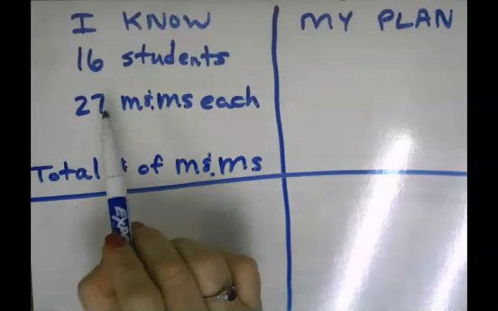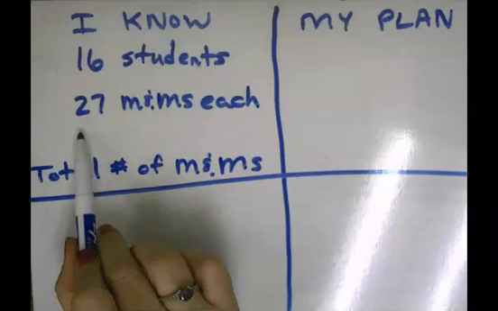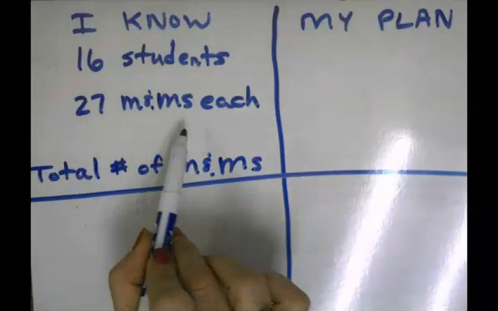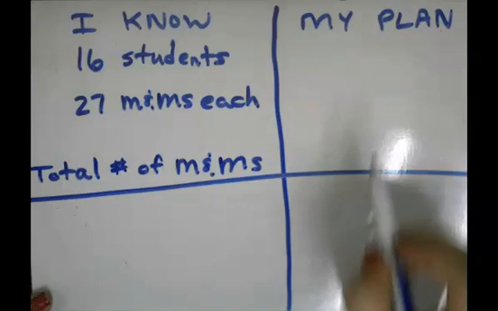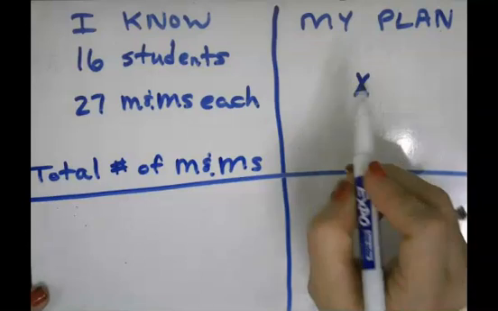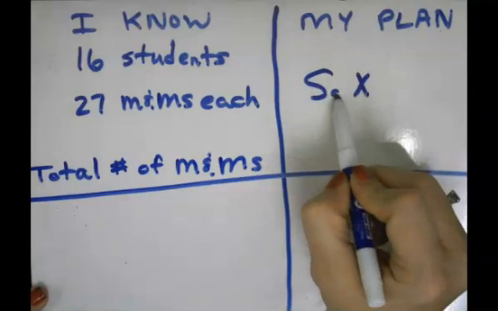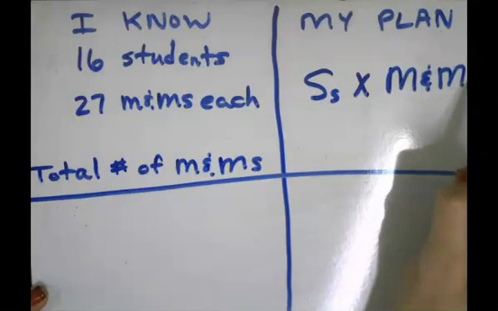Okay, so I know that I have 16 students and I give 27 M&Ms to each of them. We have to find the total number of M&Ms. So the plan is to multiply. We're going to multiply the students by the amount of M&Ms.